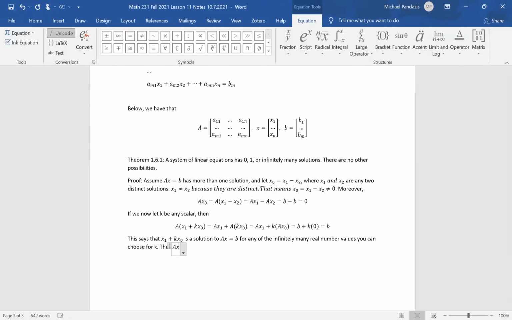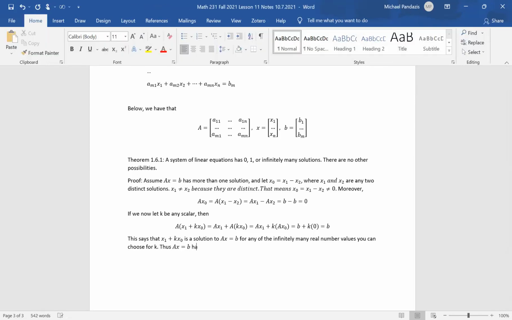Thus, ax equals b has infinitely many solutions. Okay, so assuming that ax equals b has more than one solution, we deduced it has infinitely many solutions.